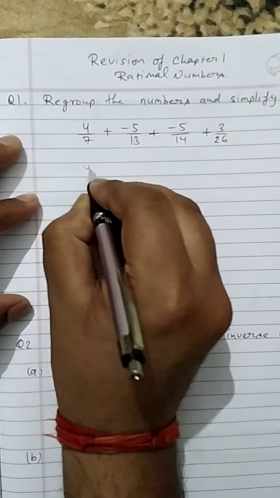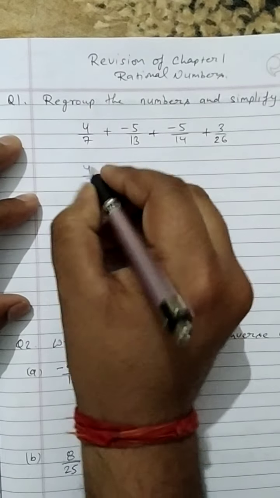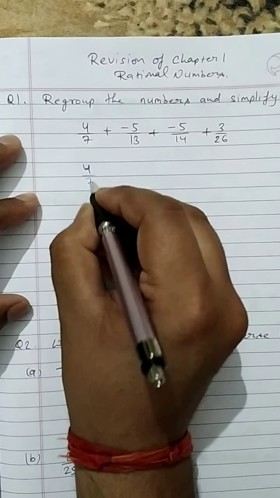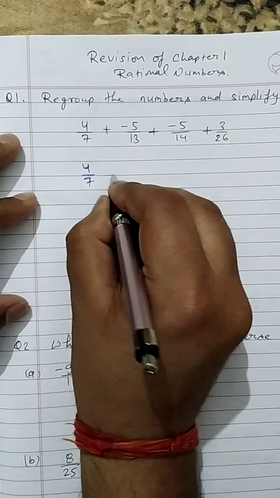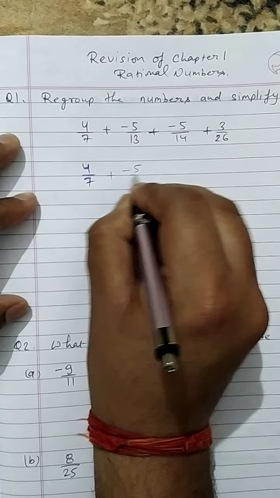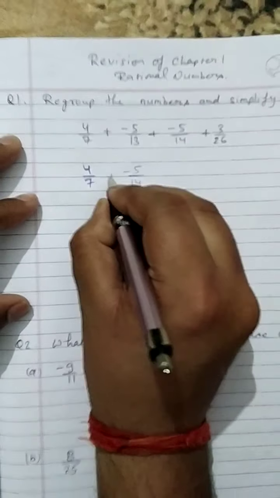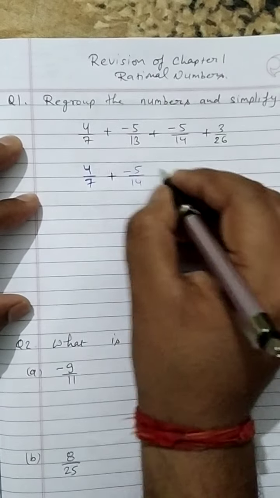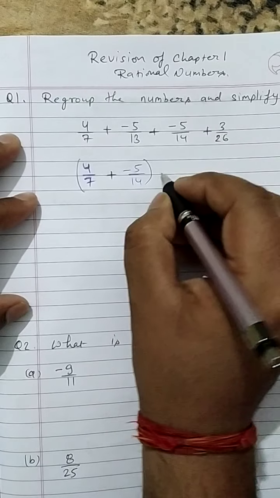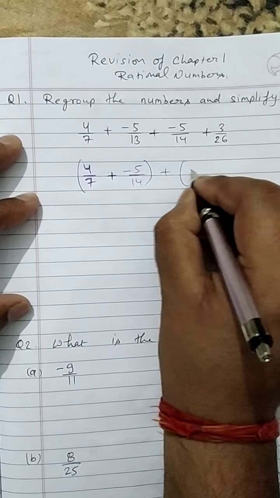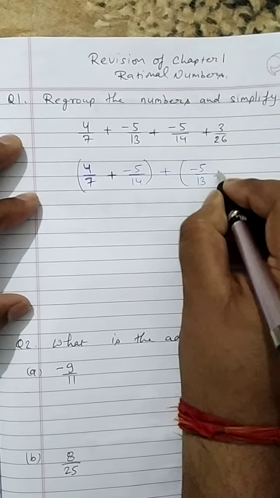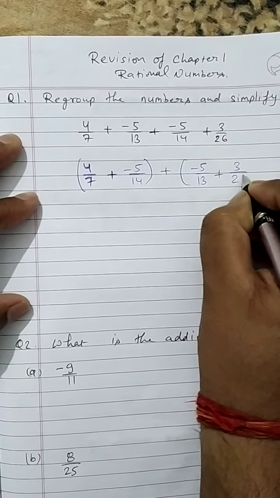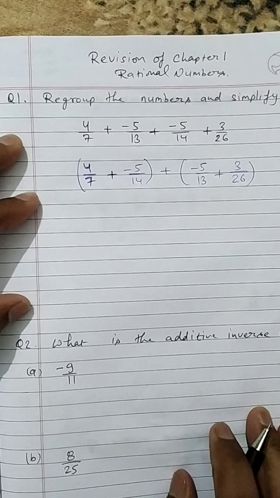So first we will make the group of 4 upon 7 and minus 5 upon 14. And the second group will be minus 5 upon 13 and 3 upon 26.